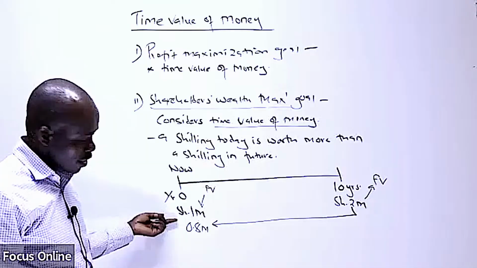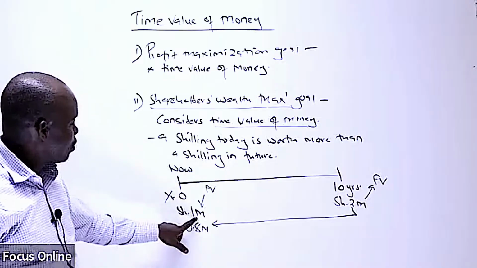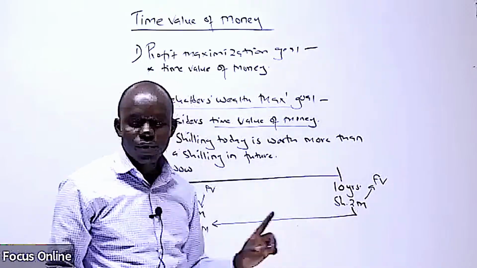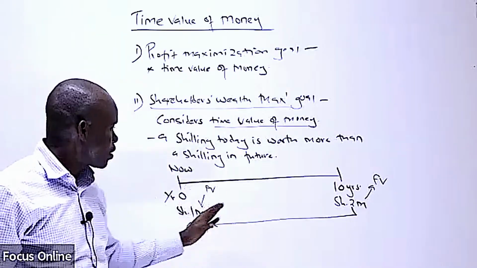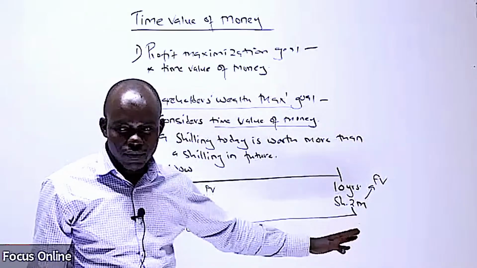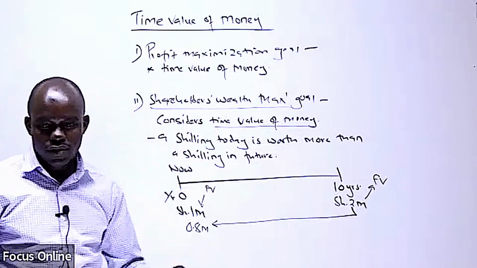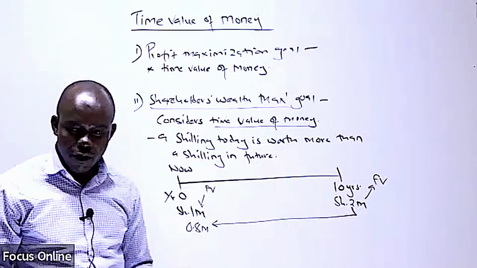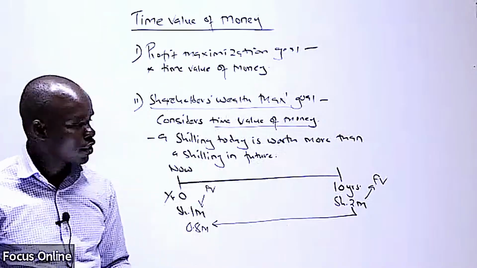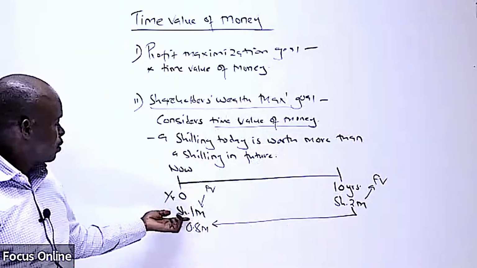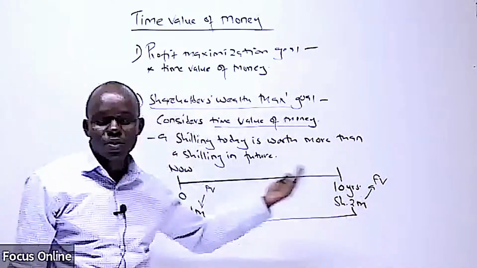Yeah, are we together? You would rather go for the 1 million shillings today, but you cannot compare 1 million and 2 million. Those two figures are not comparable, because one is in present value terms, the other one is in future value terms. You cannot compare an amount in present value terms with an amount in future value terms. If you want to have a fair comparison, or an even ground for comparison, you must either take this 1 million to future value, or bring this 2 million to present value.